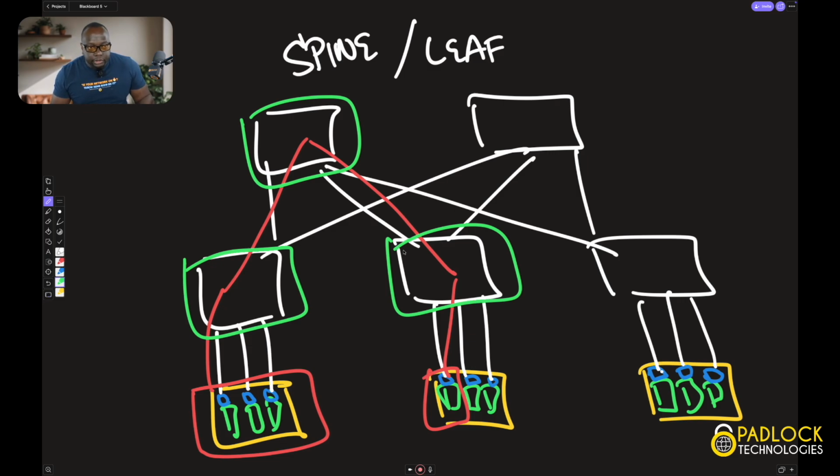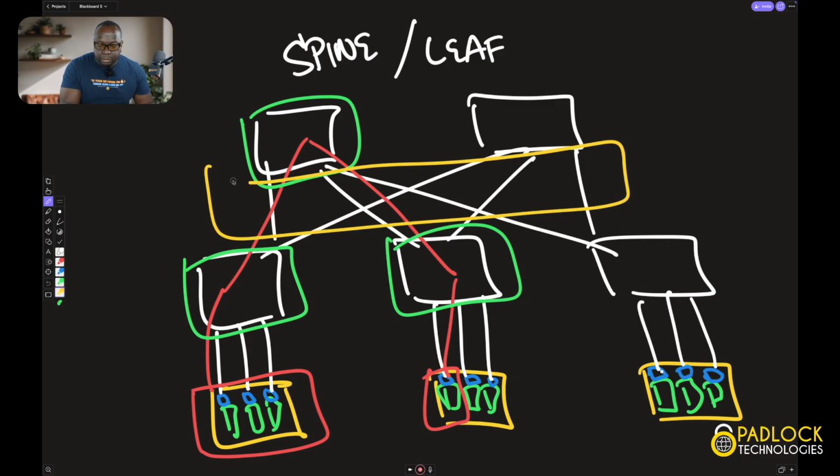You can still do this in a normal design. There are a lot of people that run spine and leaf, but it's not as optimized as a rail optimized design, because you're going to put a lot of pressure in this area. The leaf to spine is going to carry a lot of traffic for inter GPU communication, right?